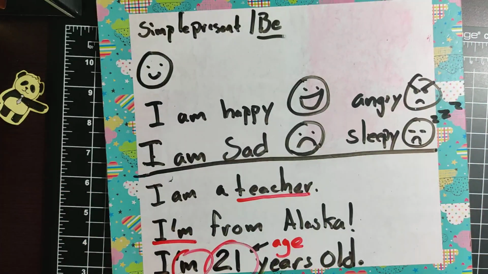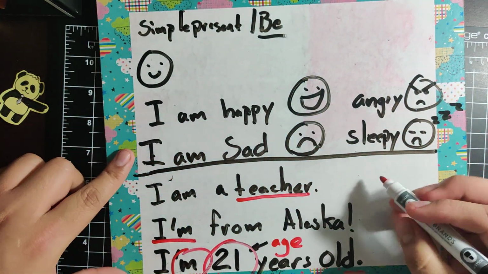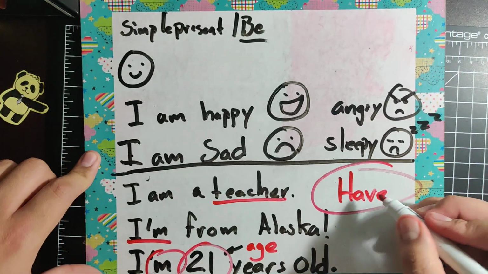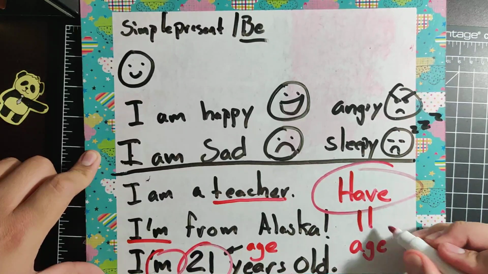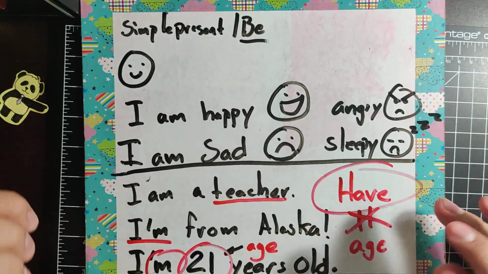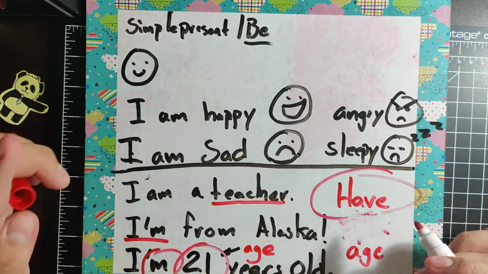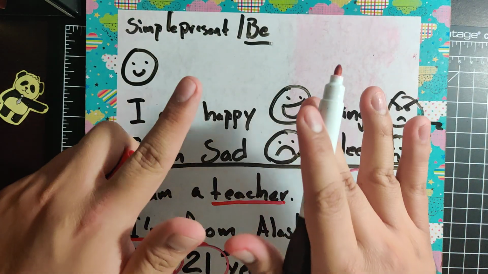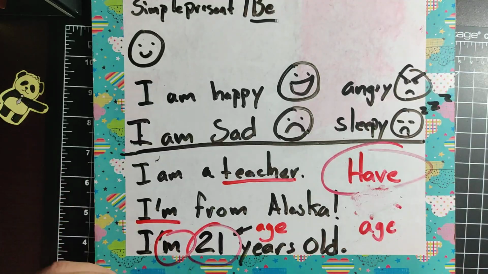Please, for the love of everything that is good and decent in this world, do not use have for age, right? Have for age does not go together. They hate each other. Se odian. So don't mix those up. No, you can't say like, oh, yeah, I have 21 years old. No. I am, or I'm 21 years old.